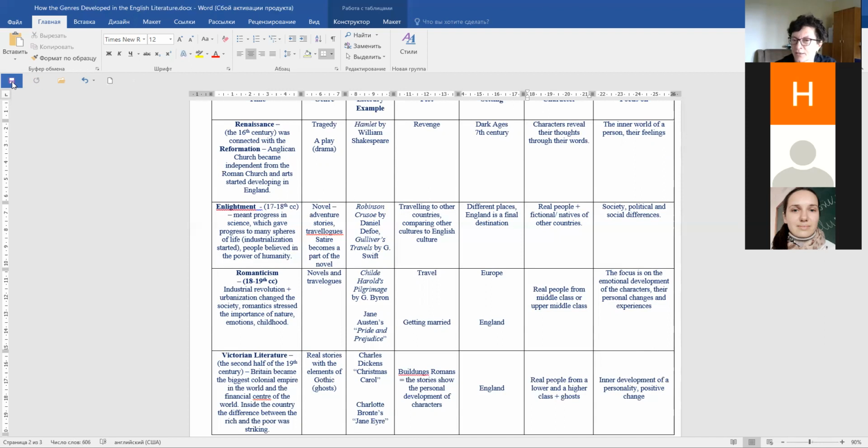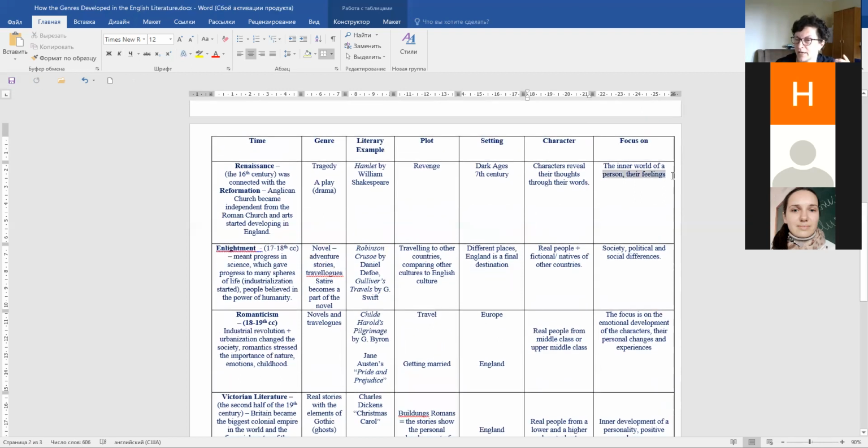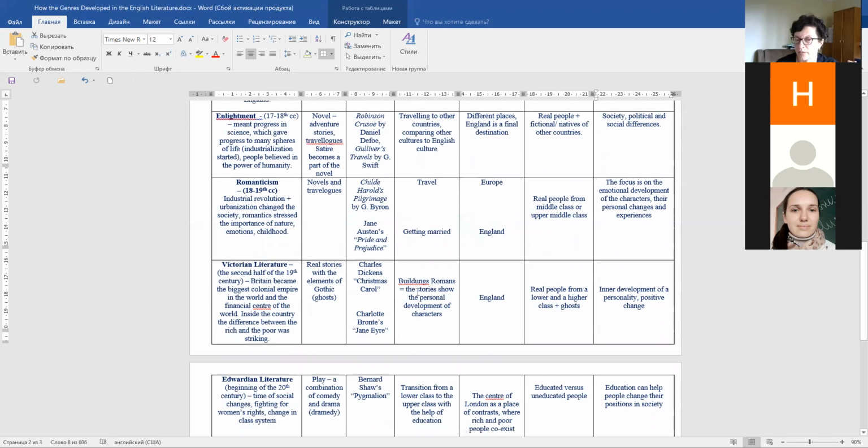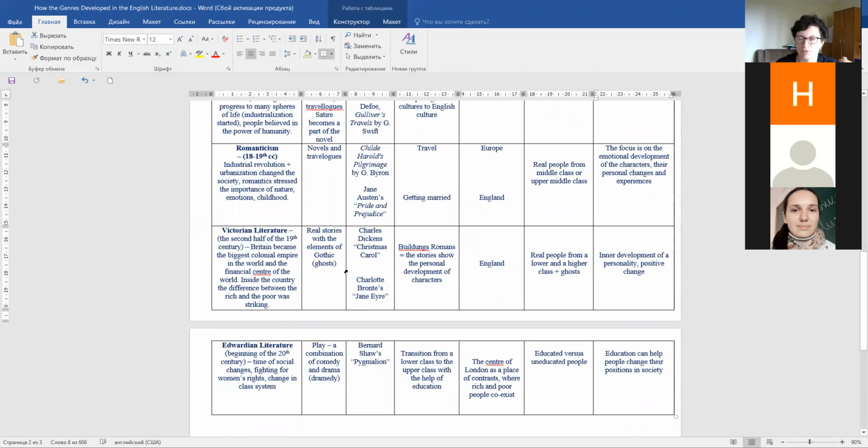So we also had the focus on the inner world in the Renaissance, but here the emotional development, the building of a person, becomes very important, and we'll see it later in Victorian literature.